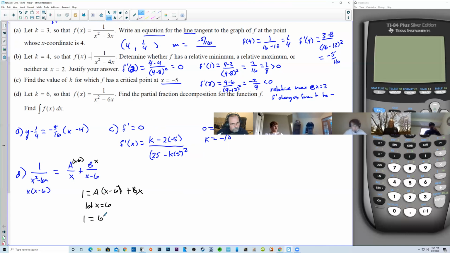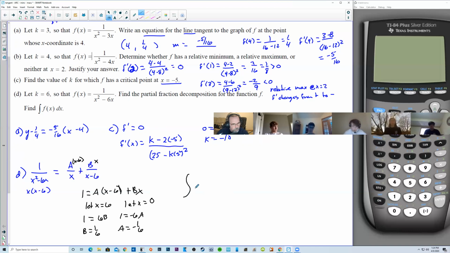So that's 6b. So b is 1/6. And then we'll let x equal 0. And we get 1 is equal to negative 6a. We're going to make this one 0 over here. So a is negative 1/6. Now I like the second one to be negative. I don't like the first one to be negative if we can help it.